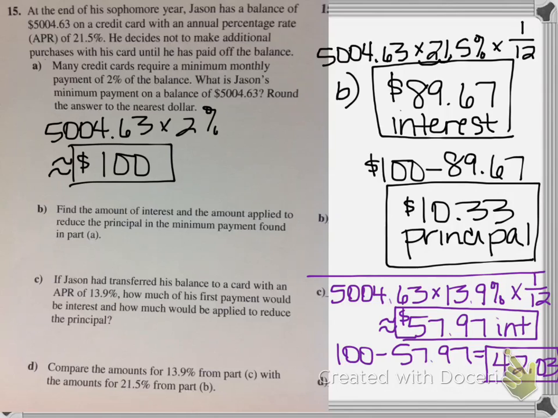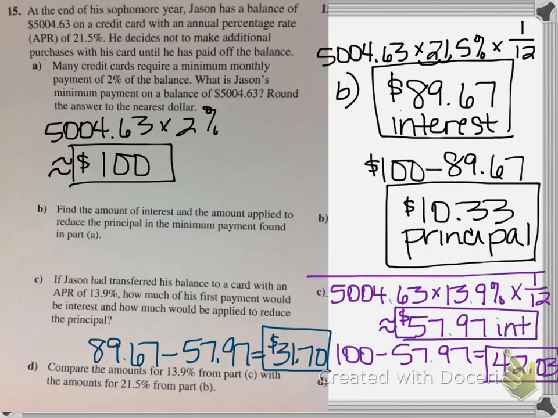So if I just take my 89.67 and subtract the 57.97, that's going to leave me with $31.70 that is going towards my principal instead of interest.